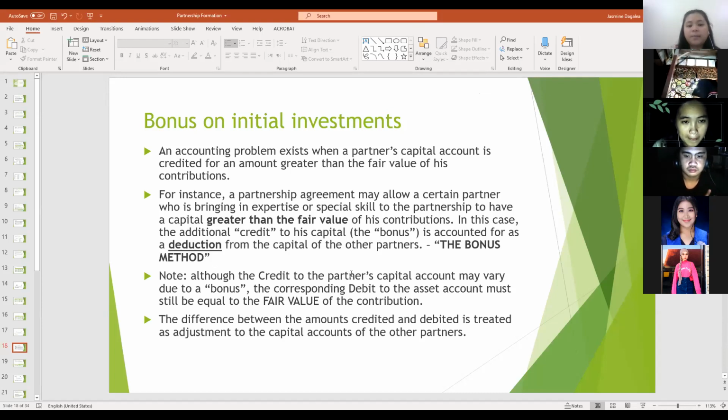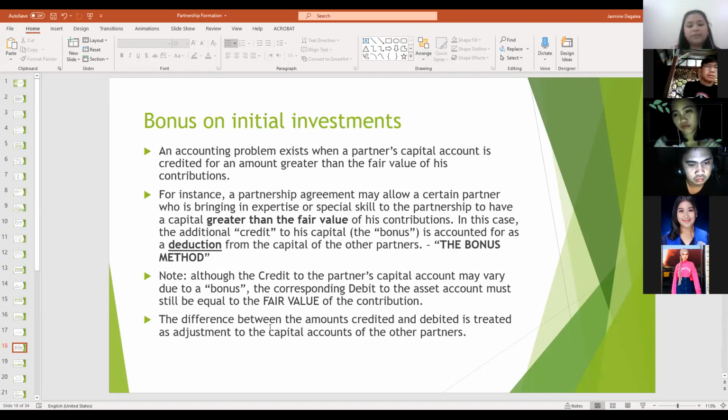Although the credit to the partner's capital account may vary due to a bonus, the corresponding debit to the asset account must still be equal to the fair value of the contribution. Yan. So yung total contribution ng partners, which is the fair value of all assets, should be equal.